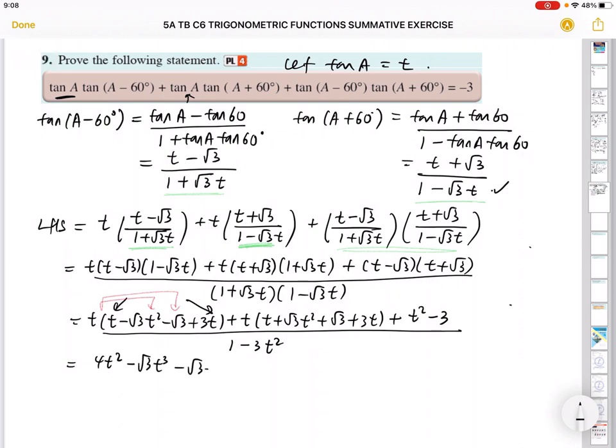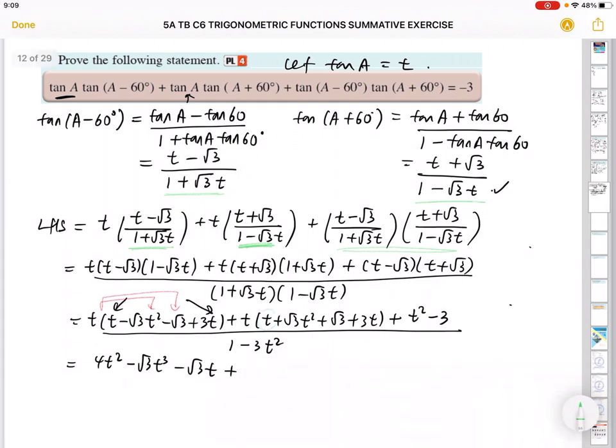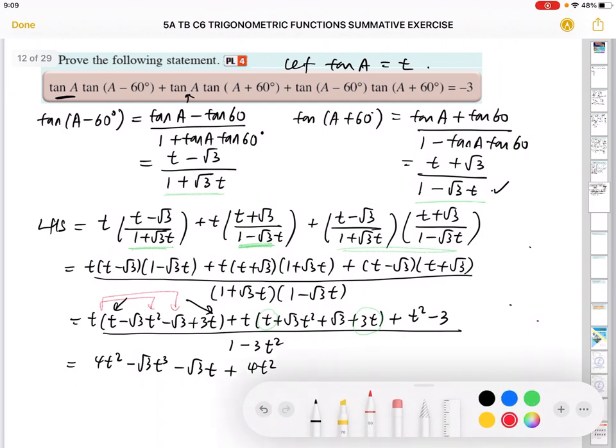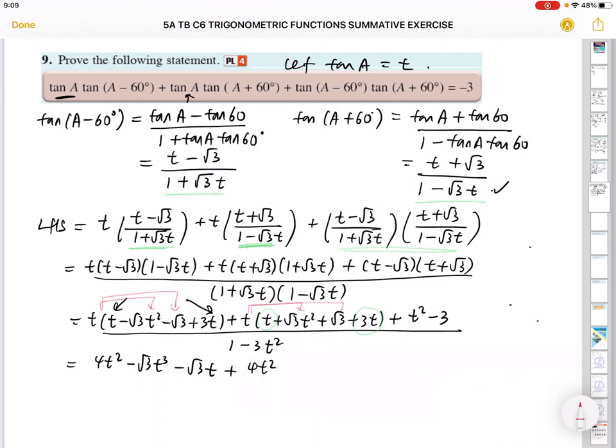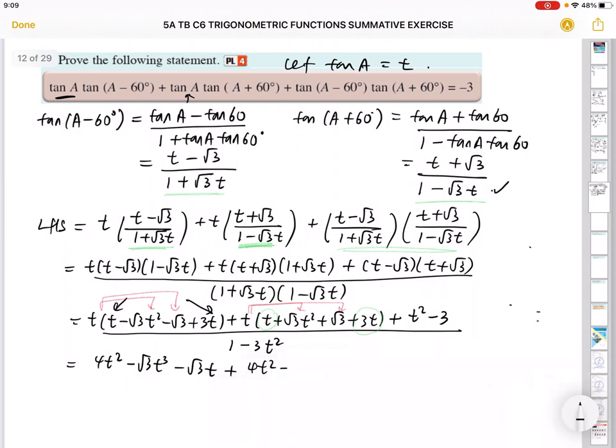I get 4T, and as I times with T outside, I get 4T squared, and then this one I times 1 times 2, so I will get plus 3 root 3 T cubed, and then plus 3T plus T squared minus 3 over 1 minus 3T squared.